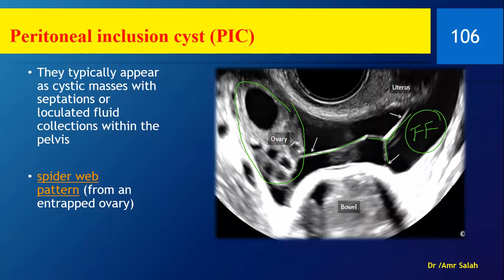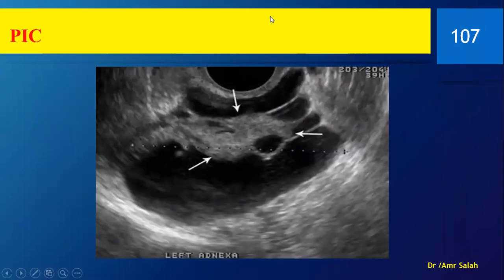I see this fluid and adhesions or septations related to the ovary. Well, this is a peritoneal inclusion cyst, part of an inflammatory or infection process. Okay, so it might look quite complicated, but it's basically these three elements.